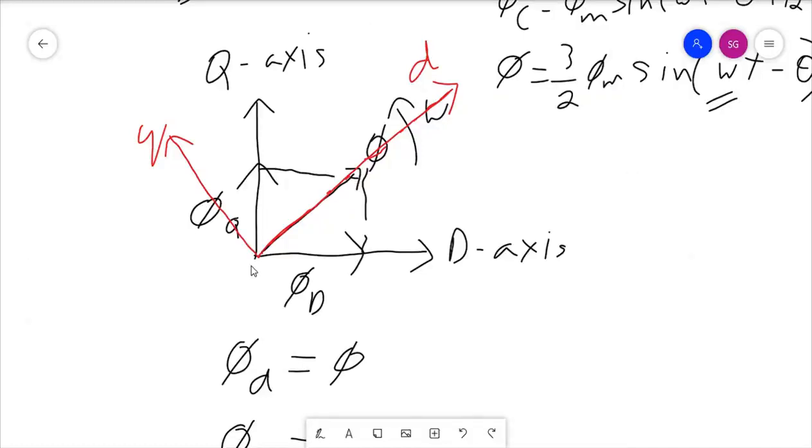However, in the stationary reference frame, phi d and phi q on the capital D and Q axes will always vary. This d axis may also be understood as a magnet axis. So this may be represented by a magnet.